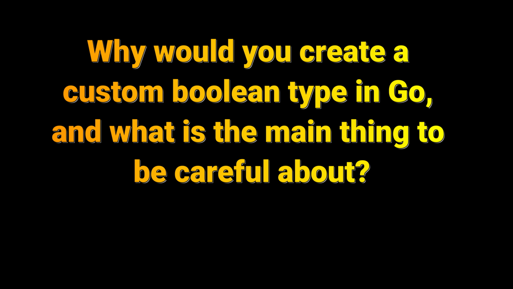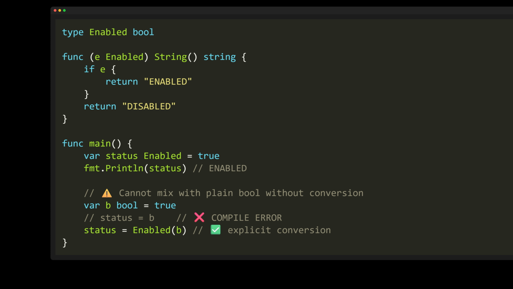Question: why would you create a custom Boolean type in Go, and what is the main thing to be careful about? In Go, you can create a custom Boolean type when you want clearer meaning or custom behavior. For example, a type like Enabled makes the code easier to read than using plain bool everywhere.